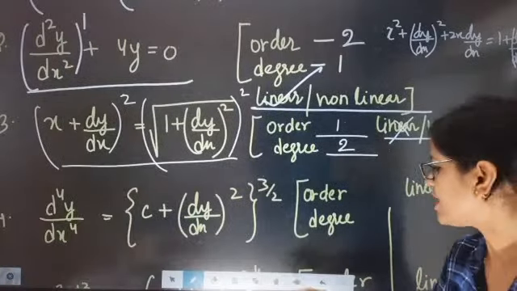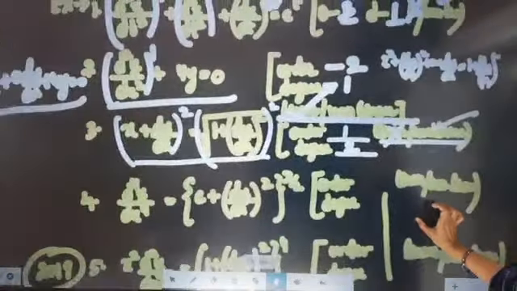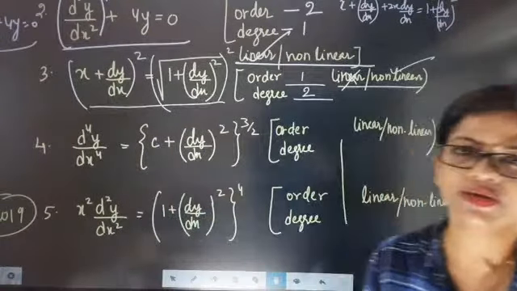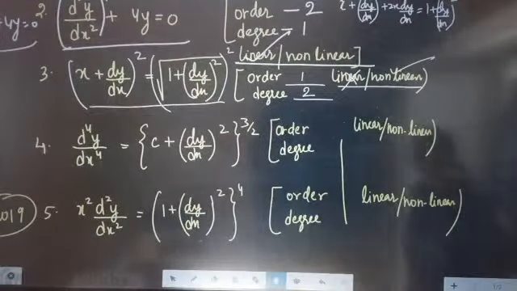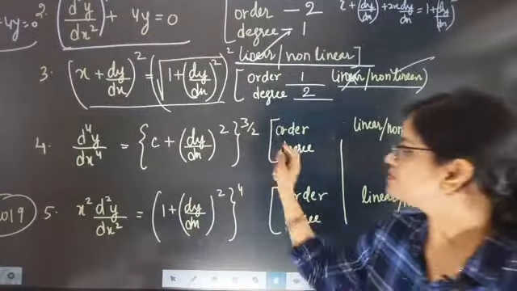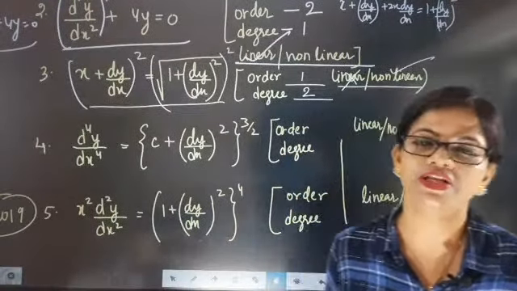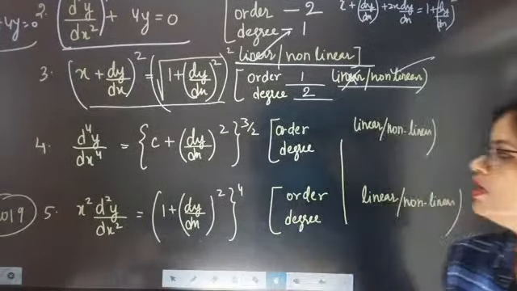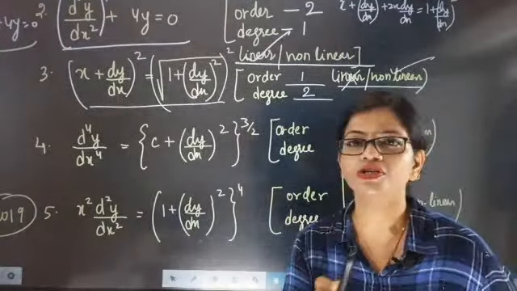Now, fourth example, I want you all to consider this one very nicely. Check this question out. Here also the same problem is there. Now solve this question. I told you, whenever 3 by 2 or a fraction is there, your first priority should be to remove the fraction. Removal of fraction should be your first priority.